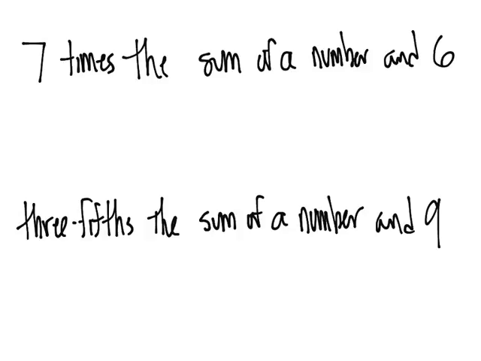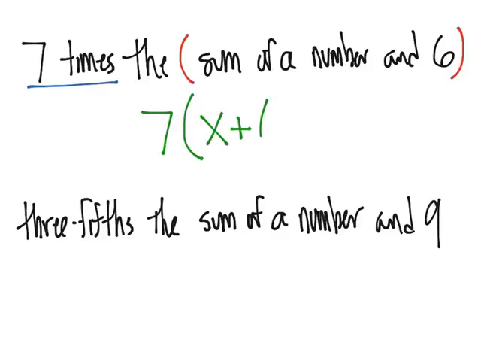The top problem can be broken down as so: the sum of a number and 6, and then 7 times. When we work it out together, we'll get 7 times a number, represented by x, plus 6. Because remember, sum means addition.